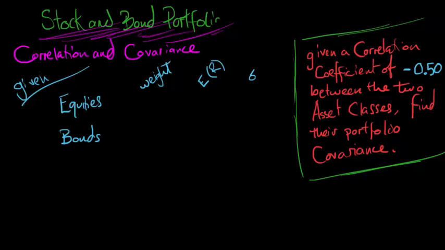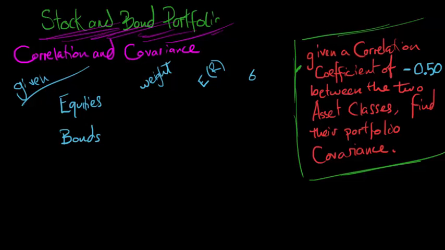Given the following data, which I'm going to enter now, we've got a question here on the right: given a correlation coefficient of negative 0.5, so a correlation of negative half between the two asset classes, find their portfolio variance.